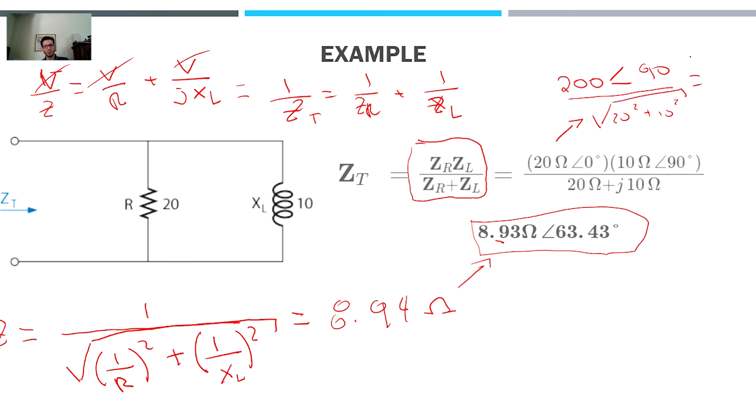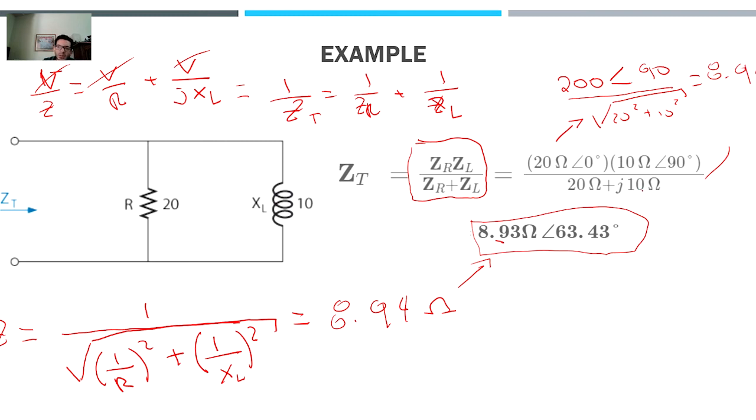That gives you 200 divided by square root of 20 squared plus 10 squared, which is 8.94. So it's the same thing. That will give you 8.94.